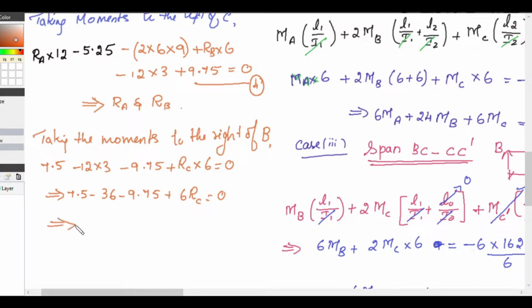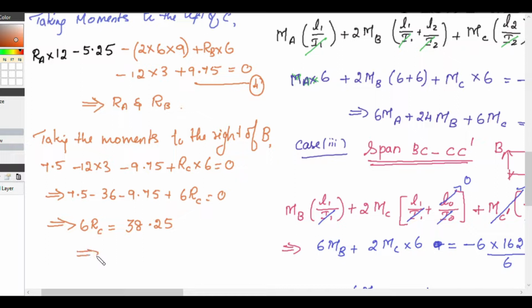We get 6RC is equal to 7.5 minus 36 minus 9.75, which is minus 38.25.